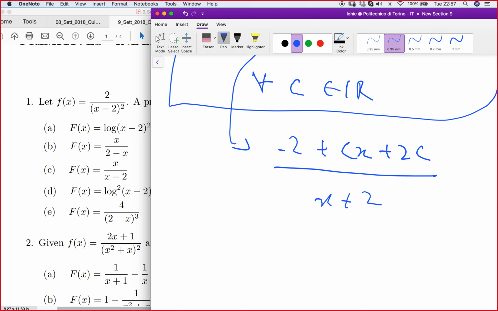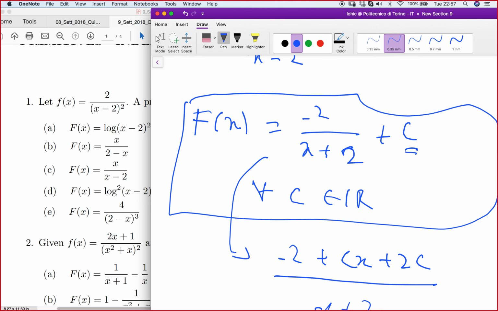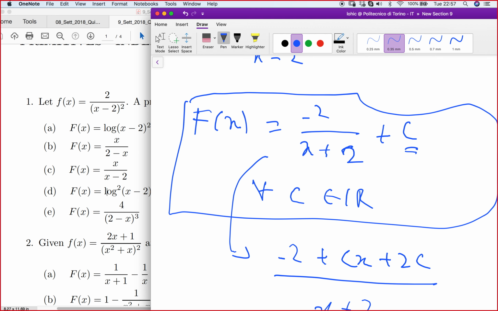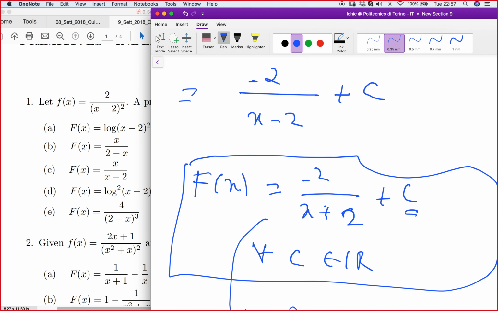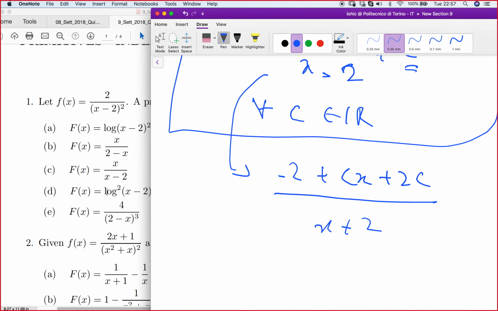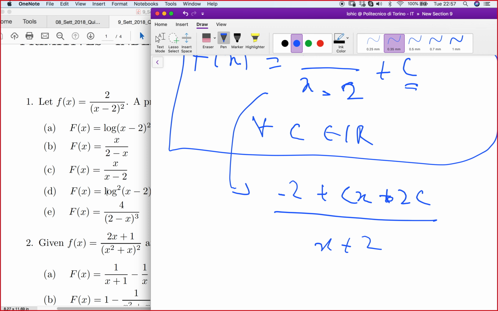Let's try to put 1. But I made a mistake here: this was x minus 2, so this is minus 2c. I made a mistake here, and nobody told me anything.